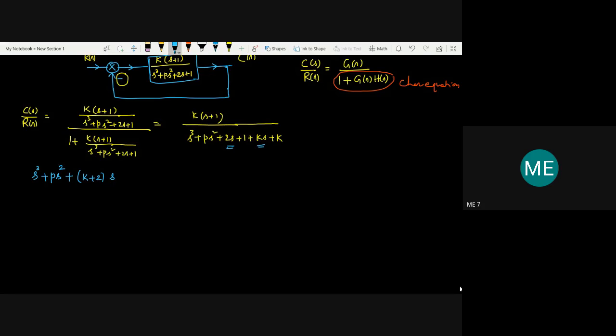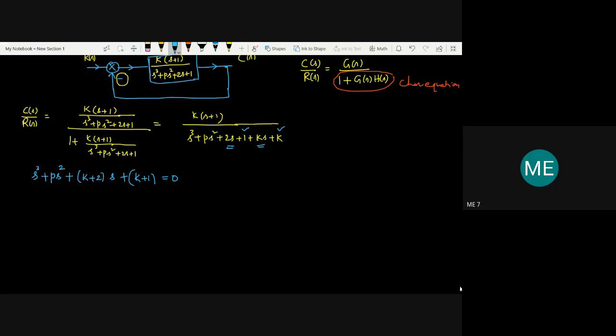And the constants also, there are two terms, 1 and k, so plus (k plus 1) is the constant, which is equal to 0. So this is the characteristic equation which I have got from this.